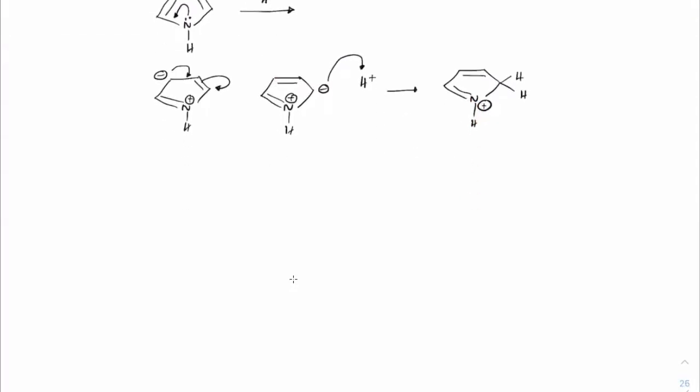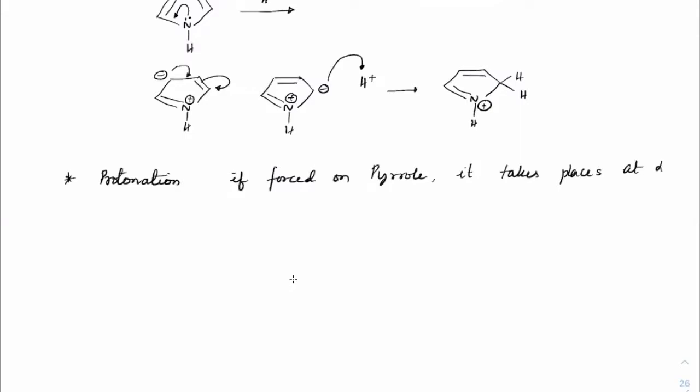Okay, so let me just write it as pointers. Protonation, if forced on pyrrole, takes place at the alpha carbon rather than on nitrogen.